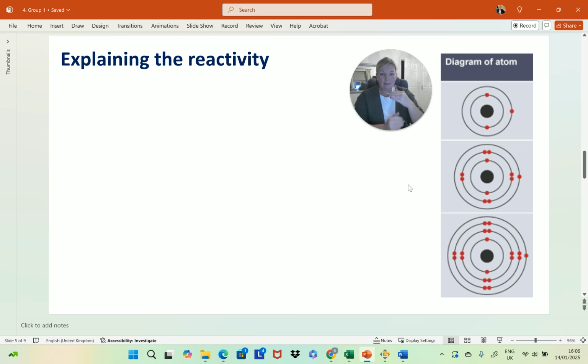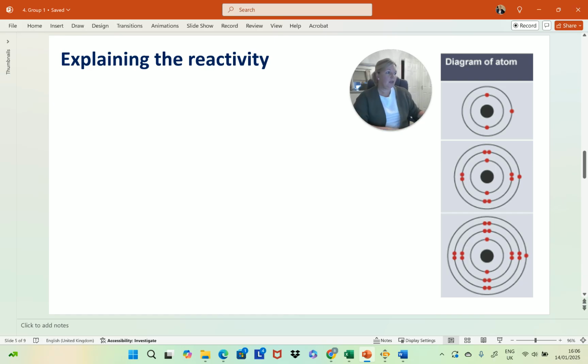So in this case, I'm going to explain why sodium is more reactive than lithium, but it would be exactly the same idea as if it was asking why is potassium more reactive than sodium. Okay, so once we've got that structure, it's the same reasons as why, because the same things are happening to the electron structure as we move down a level.